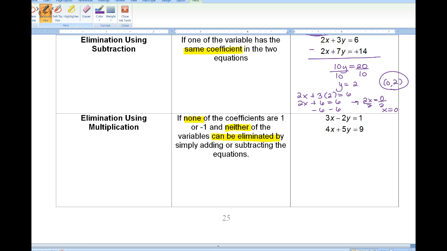You want to do 3 and 4? Okay. So I'm going to multiply the top one, and I'm going to multiply the bottom one. I'm going to just write everything here. So it's going to be negative 12x plus 8y equals negative 4. Then we have 12x plus 15y equals 27.